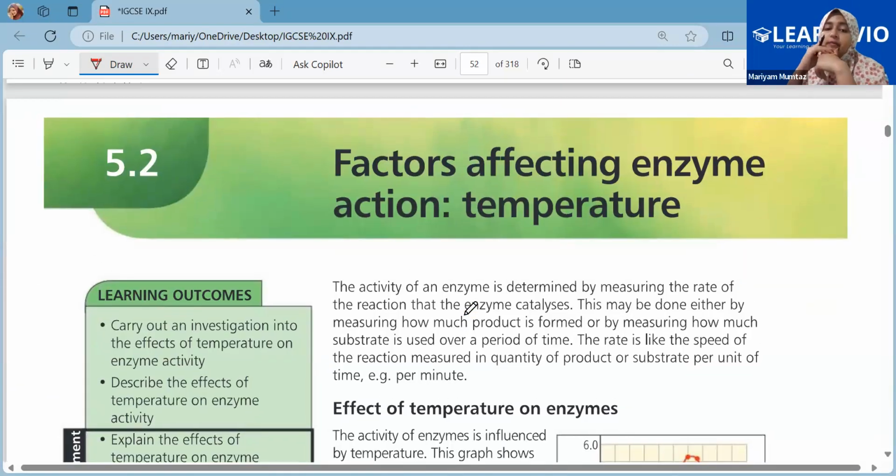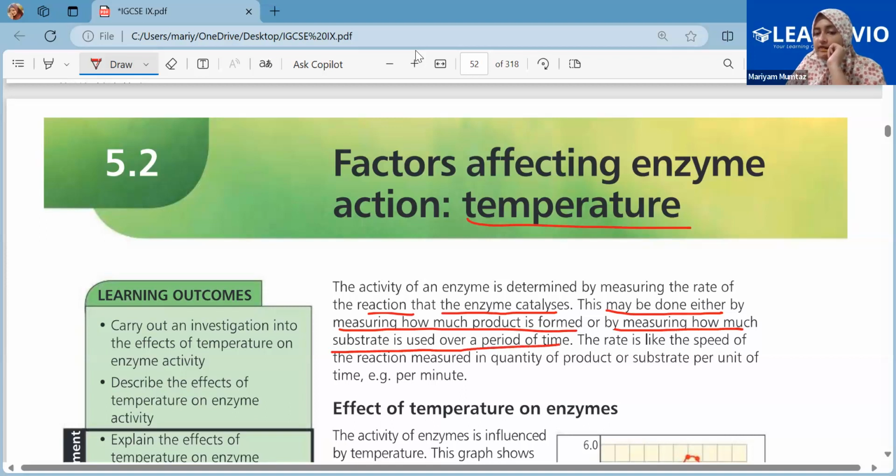So the next topic under the chapter enzyme is the factors that affect the enzyme action. The first one is the temperature. The activity of an enzyme is determined by measuring the rate of reaction that the enzyme catalyzes. This may be done either by measuring how much product is being formed or by measuring how much substrate is being used over a period of time.